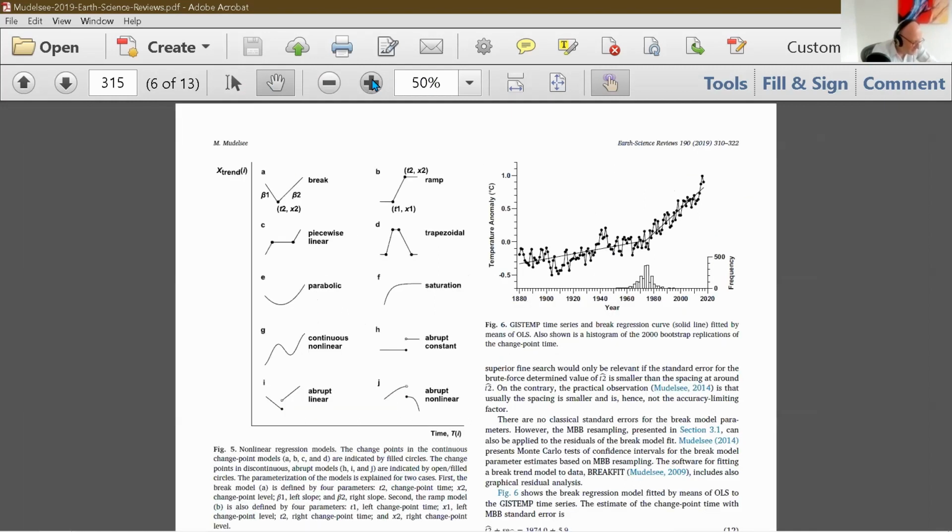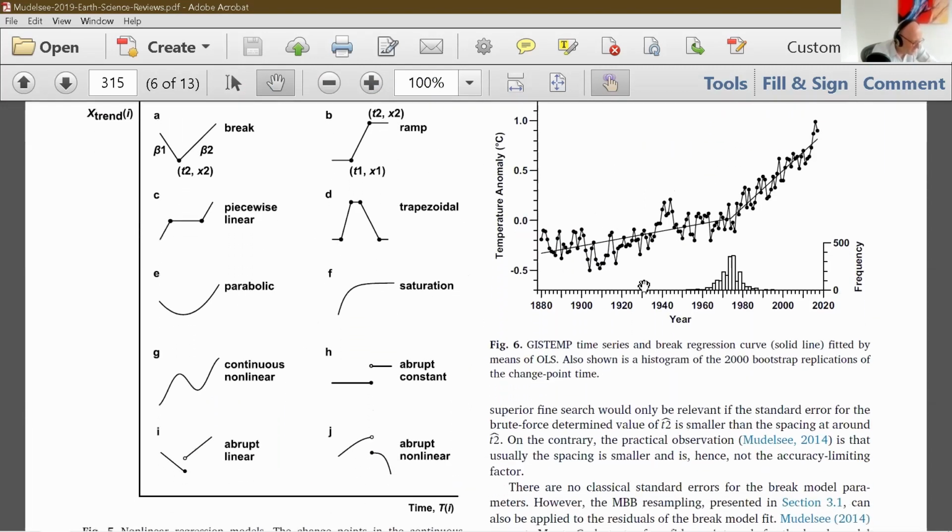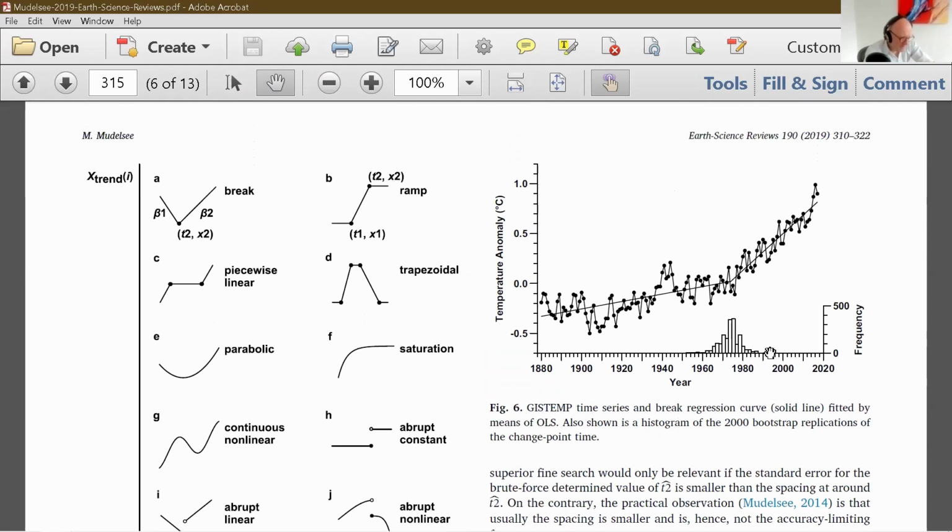And here is a plot of different models that can be used. This is a ramp, this is a break. There exist other models which perhaps are helpful. And here to the right is the break model fit, and also shown the histogram with 2000 replications. And it's still at around 1974, so there was really something out there.